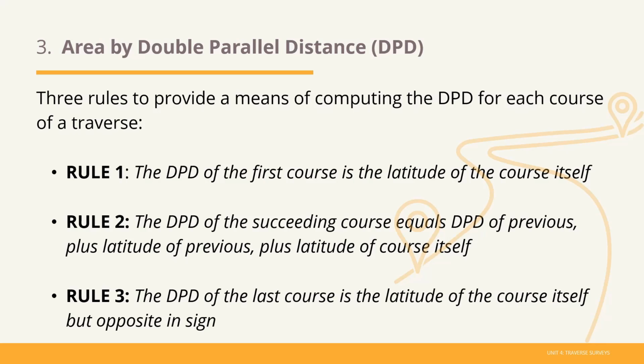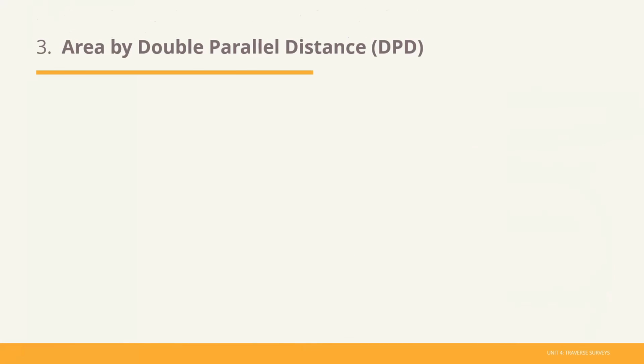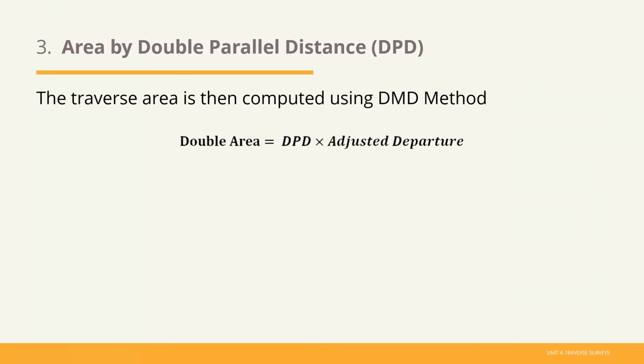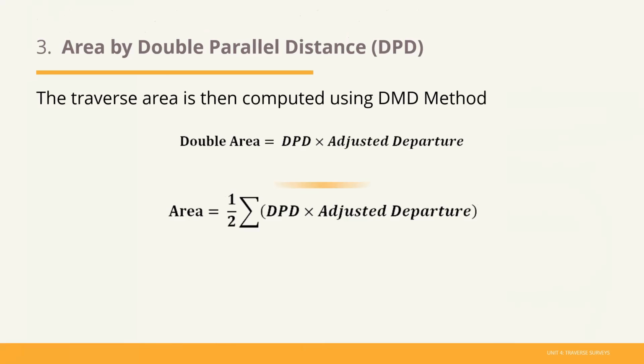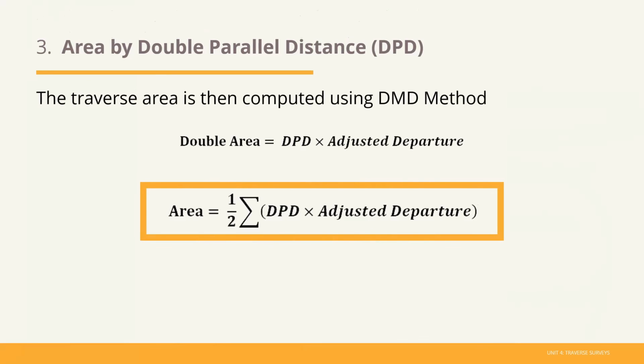It's similar to the double meridian distance. However, we'll use the latitude instead of the departure. The traverse area is then computed using the DMD-style method, where the double area is equal to the DPD, be careful now, we'll use DPD instead of DMD, multiplied by the adjusted departure and not the latitude.